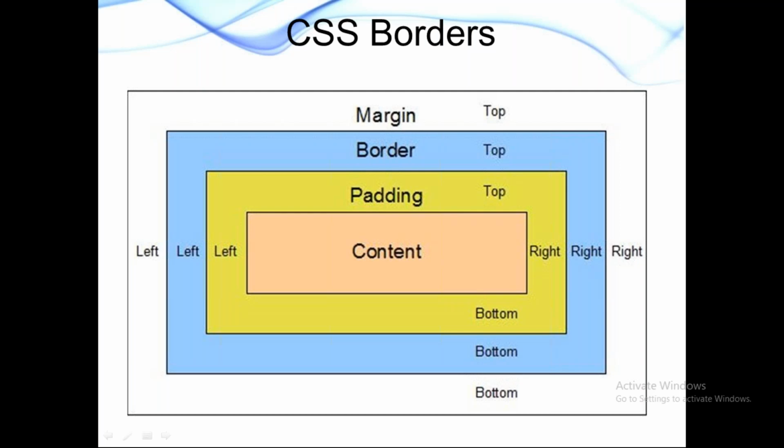After applying the margin, the border will be applied. Now when I want to specify some spacing between the border and the content, I can add padding. So padding, border and margin can be specified for all the 4 sides together, or individually also you can specify. Let's say I can make the top margin 0, bottom margin 10 pixel, and the left and right, I can set any value I want.